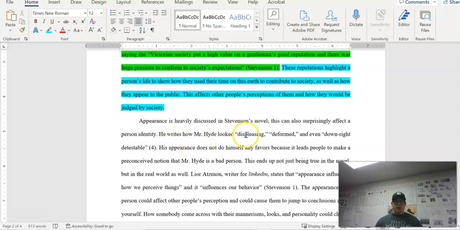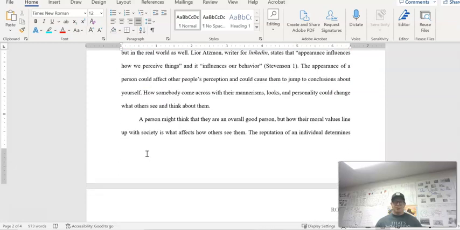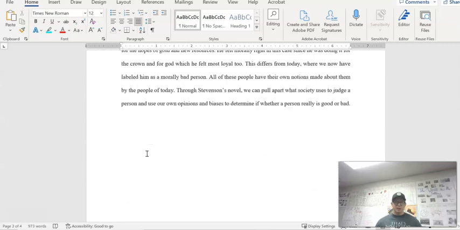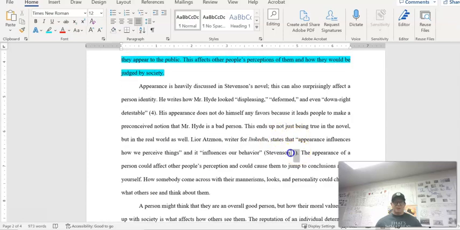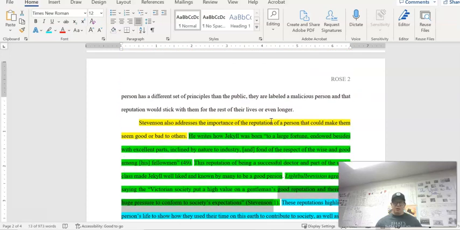The right side, Mr. Hyde looked displeasing, deformed, and even downright detestable. Okay. Also, looking at these quotes, Stevenson, page 1. Stevenson, page 1.